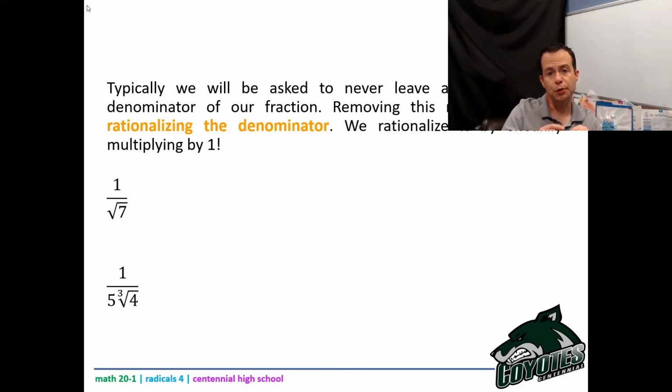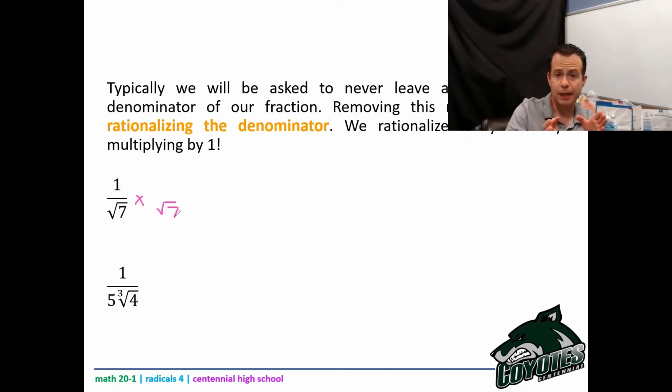What I want you to notice about that is we took a number that had a radical, and when we multiplied it by itself, we didn't have a radical anymore. So I want you to think that through and say, okay, if I didn't want root 7 to be a radical anymore, why can't I just multiply it by root 7? Root 7 times root 7 would give me 7, okay?